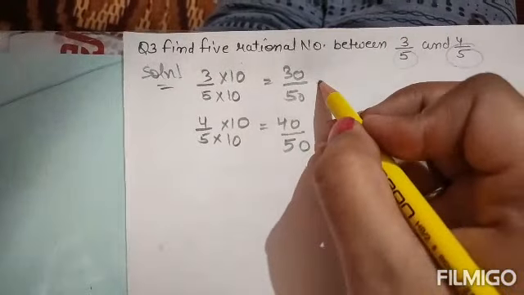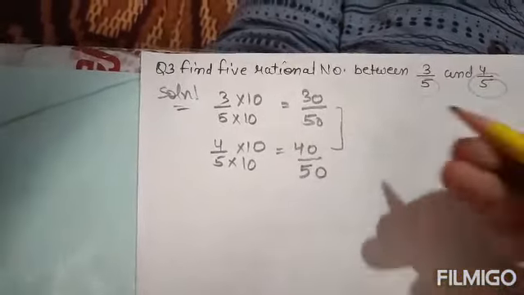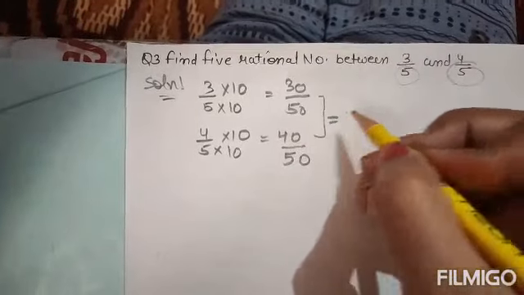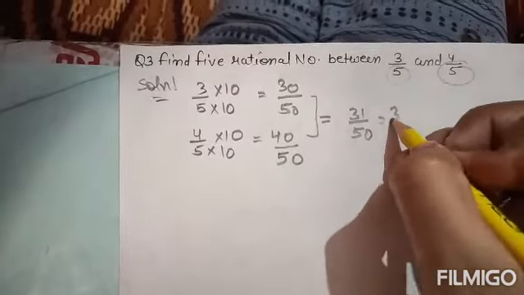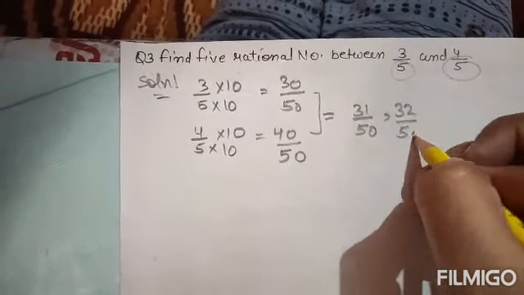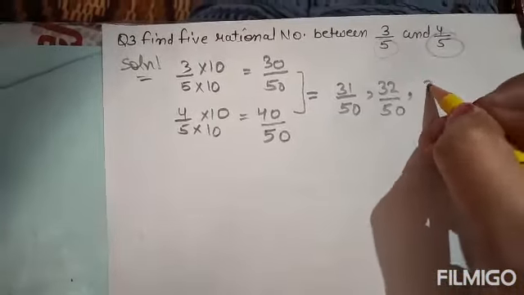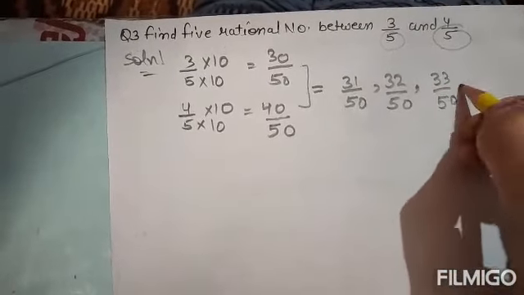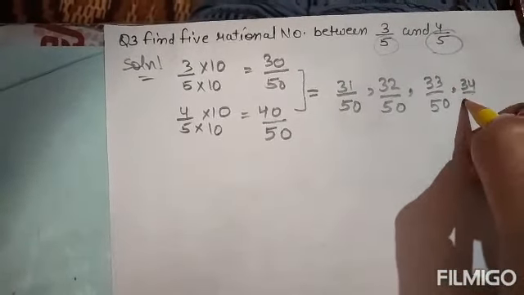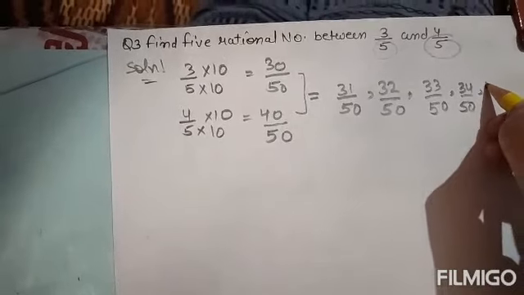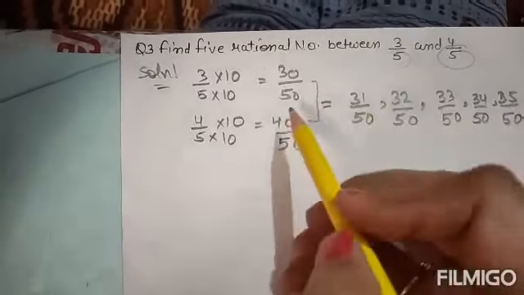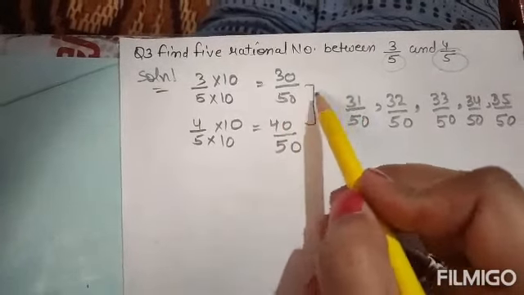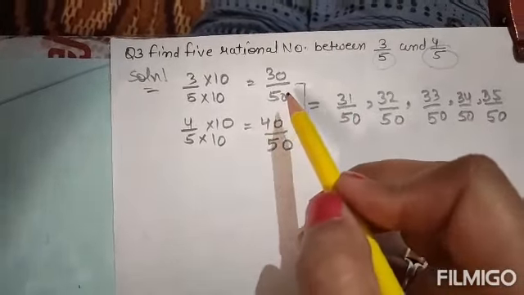So now we can find 5 rational numbers in between these two rational numbers easily. That will be 31 by 50, 32 by 50, 33 by 50, 34 by 50 and 35 by 50. And we can see we can also find 10 numbers.